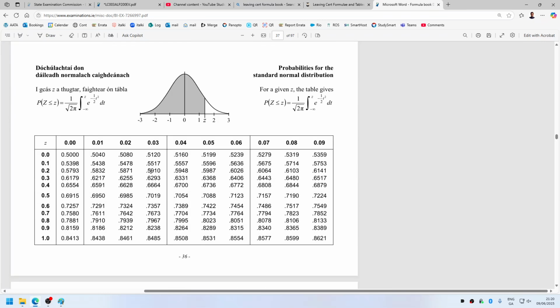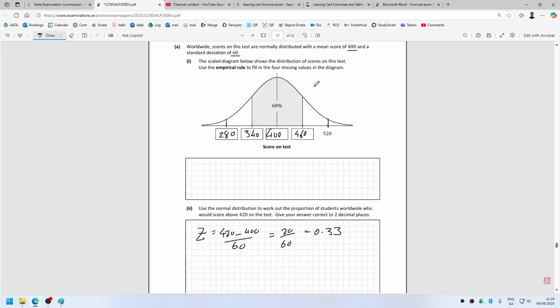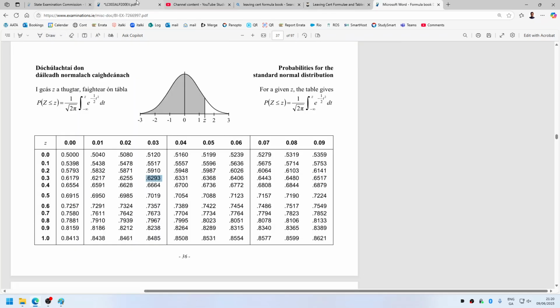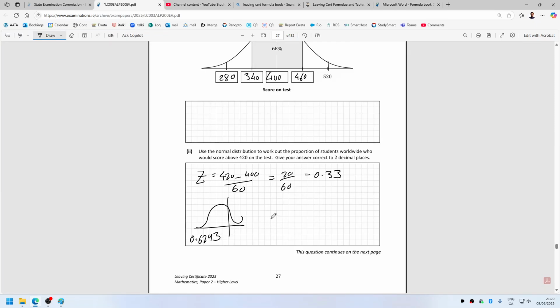Tray 0.6293. So 0.6293. So more than 420 is 1 minus 0.6293.